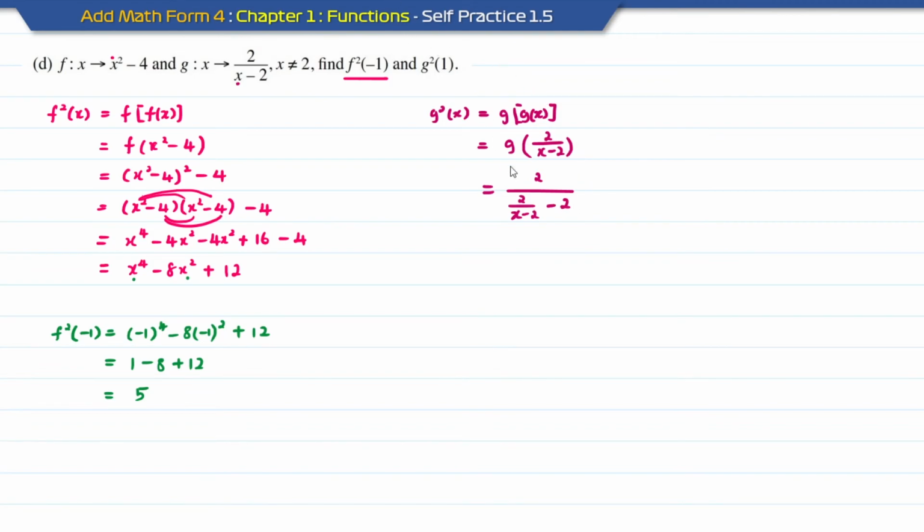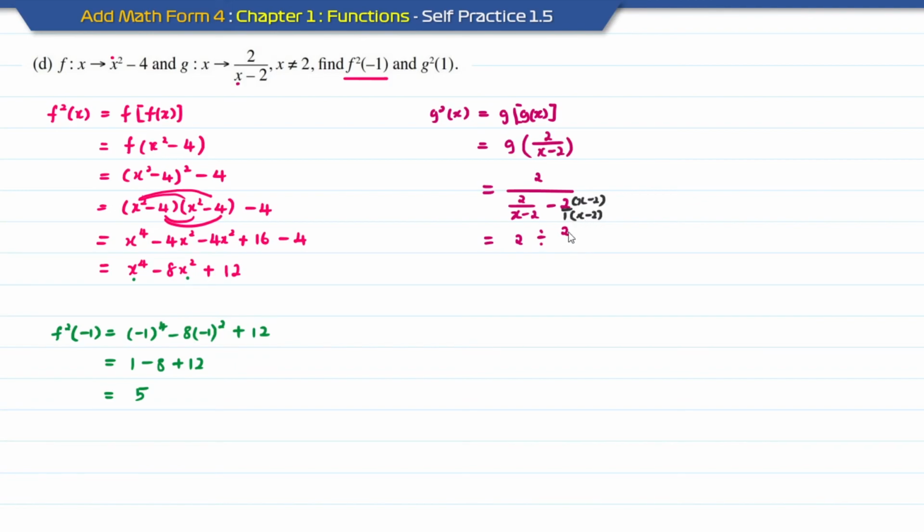Now, in order for us to complete this as one fraction, this number 2 is 2 over 1, so I'm going to equalize the denominator. What's going to happen next is to divide by this fraction, so it's divided by 2.